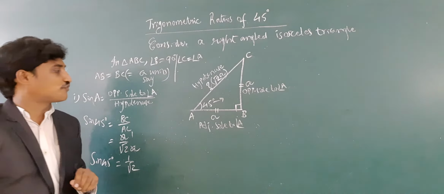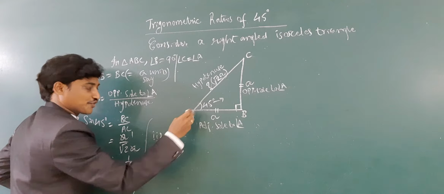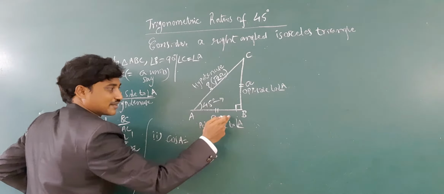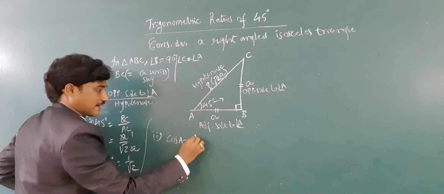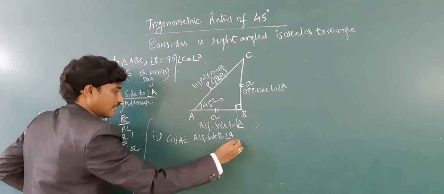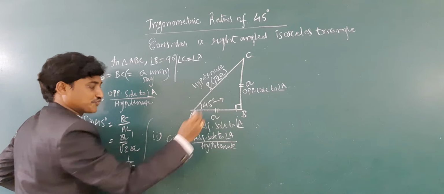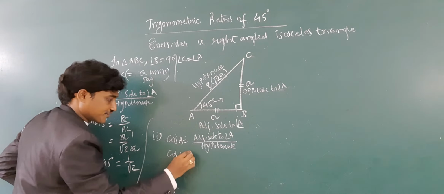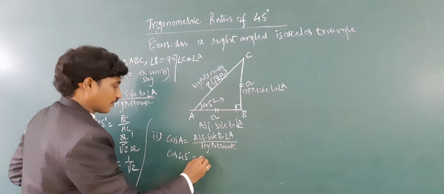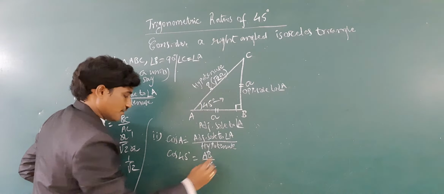In the same manner, let us find cos 45 degrees. Consider cos A. Cos A is equal to the adjacent side to angle A by hypotenuse. Here angle A is 45, so cos 45 degrees is equal to the adjacent side AB by the hypotenuse AC.